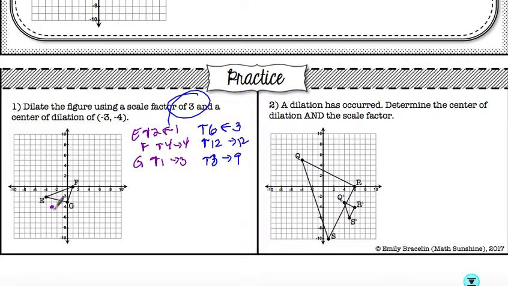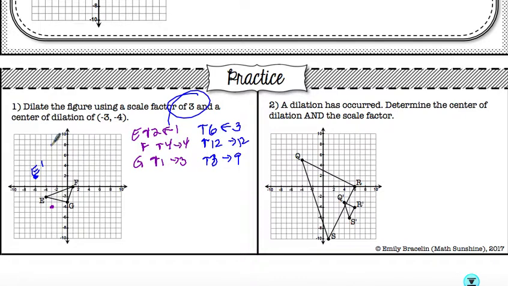So go up 6 and right 3. 1, 2, 3, 4, 5, 6. 1, 2, 3. That's E prime. And F prime, we're going to go up 12 and right 12. Okay, so we're already at 4. So up 4 and then 8 more. 1, 2, 3, 4, 5, 6, 7, 8.